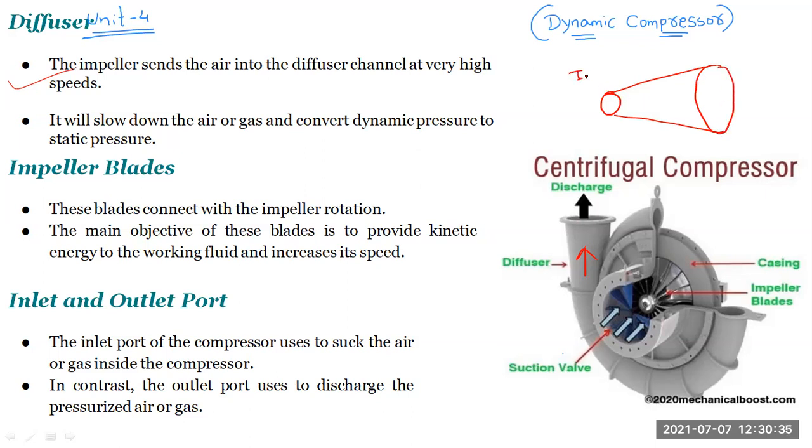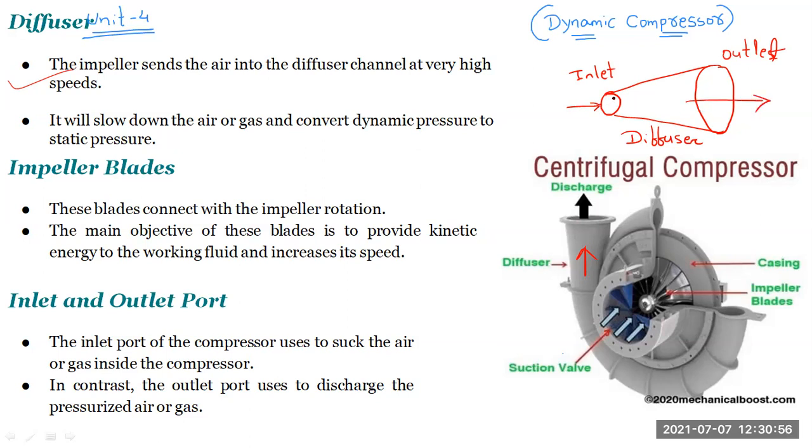Okay, so this is the inlet part. This is the outlet part. Okay. This is called a diffuser. The air will enter here and it will move out from this direction. Okay.